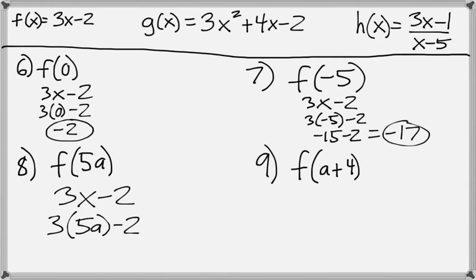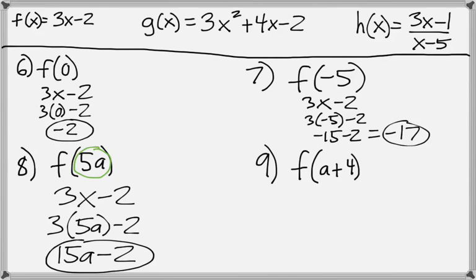So you're plugging in whatever's in here into x, wherever you see x. And then you want to simplify. So 3 times 5 is 15a minus 2, and there's really nothing more I can do to simplify this, so this is okay.